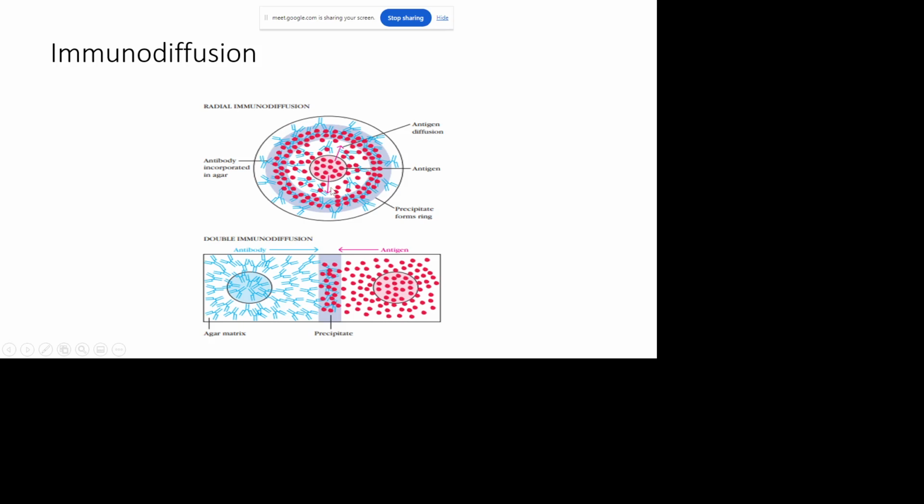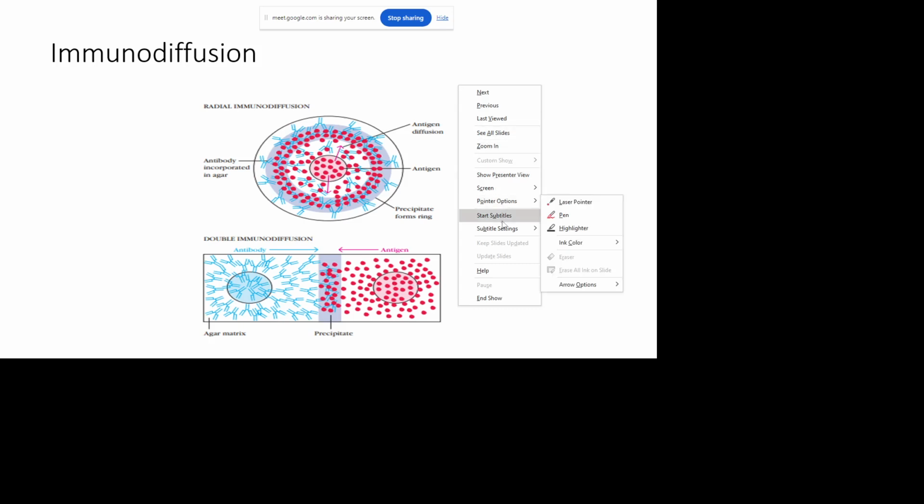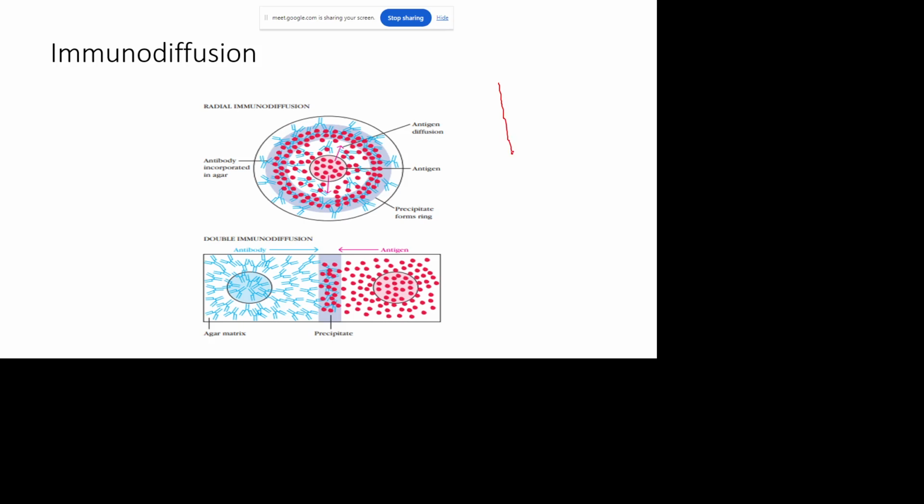So that's how you can measure the concentration of the antigen which you embedded here. How? By plotting a graph. You have to make a standard curve by taking some known concentrations of the antigen, and you need to measure their migration where you are getting this precipitation line. So now let me just draw this here. Yeah, so you can plot a graph here.